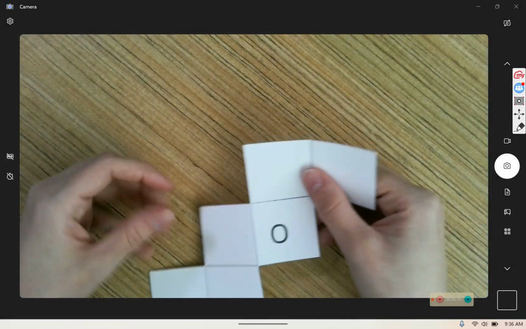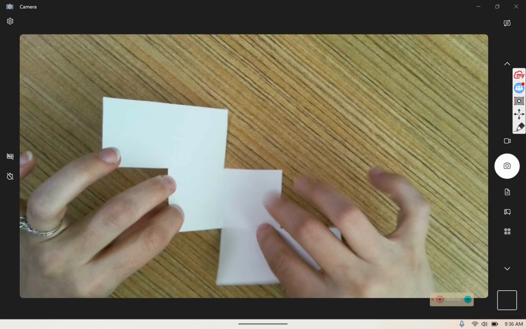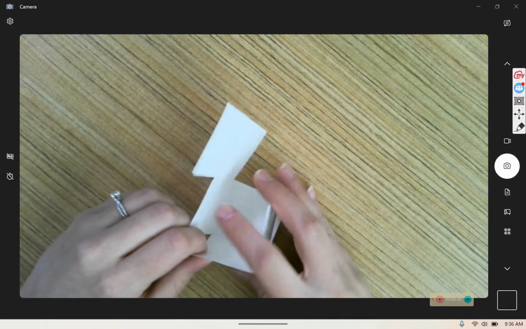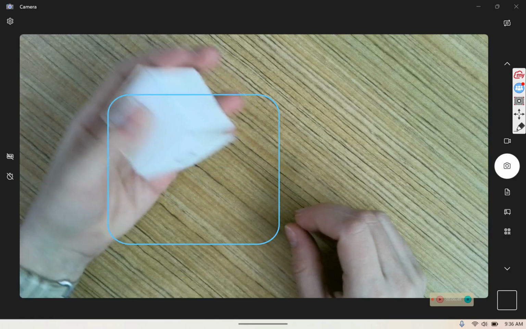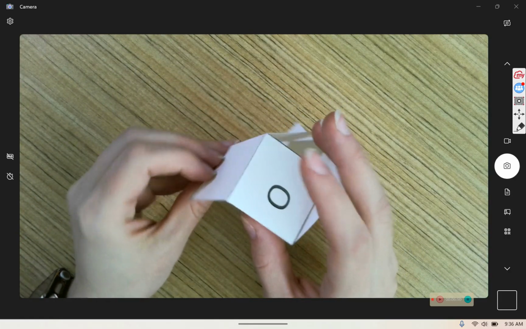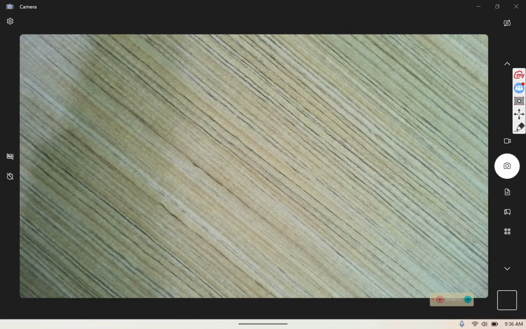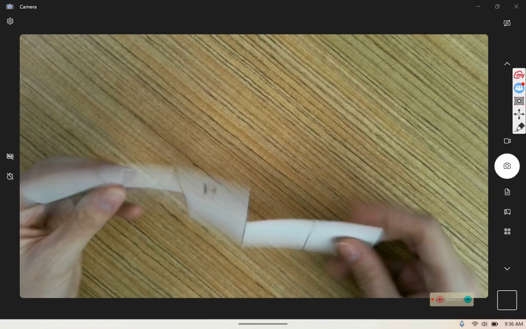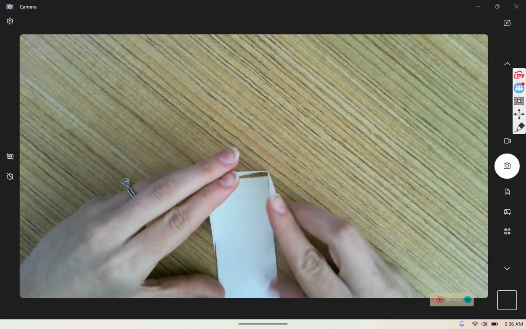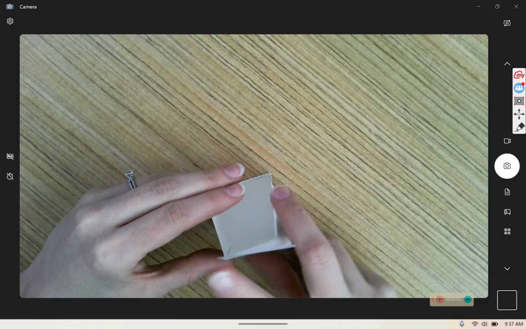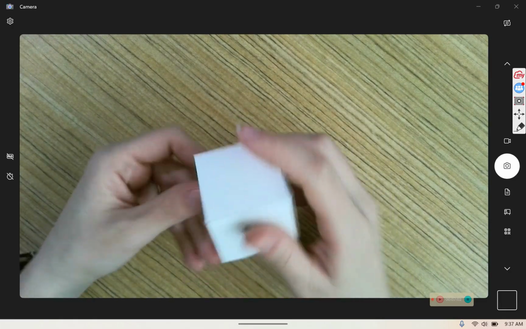O. Yes, O closes all the way. P. Yes, P is a cube.